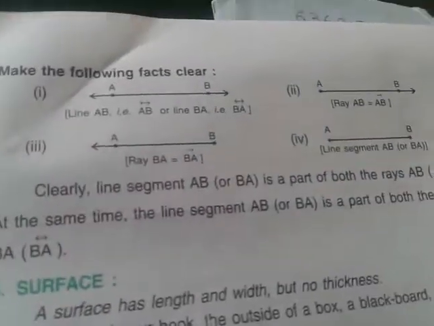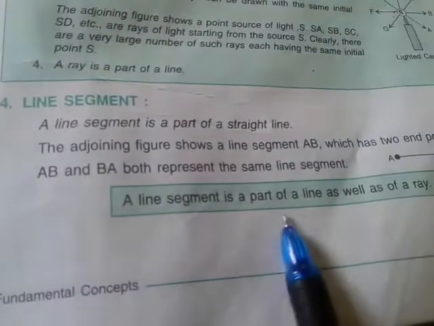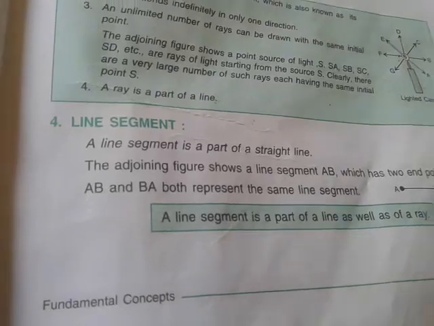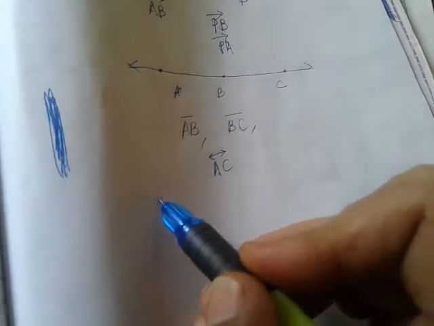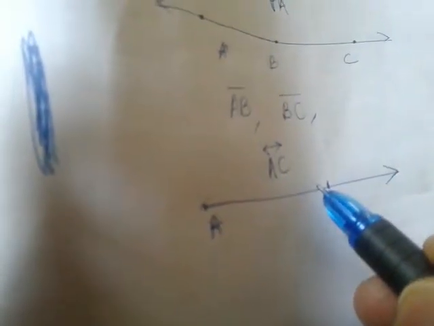So let's make the following facts clear. A line segment is a part of a line as well as of a ray. Let's see a ray. Suppose this is A and this is B. This is ray AB, that's sure.